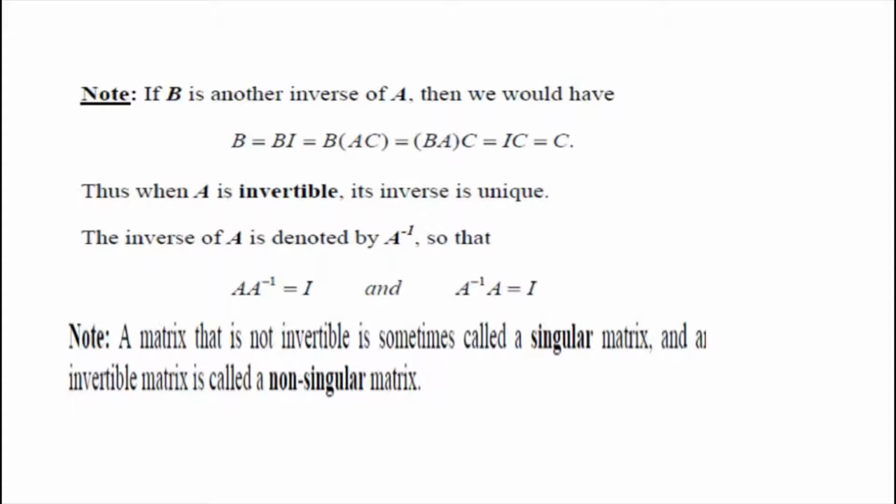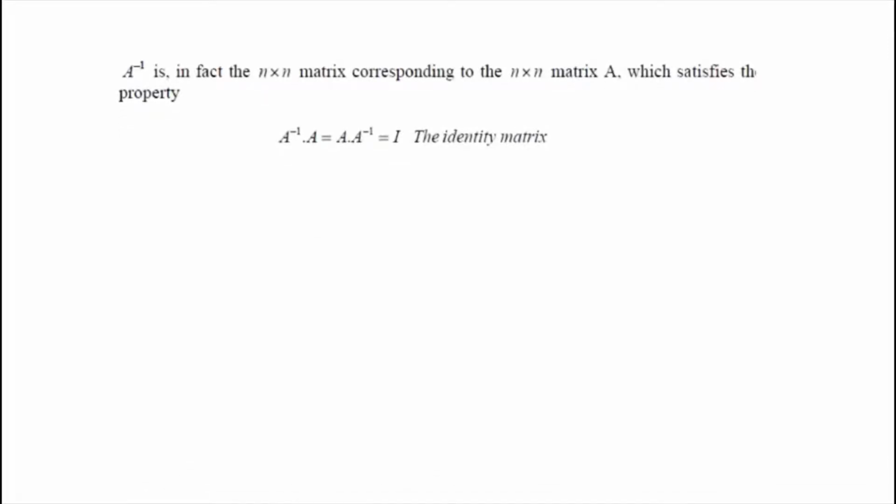A matrix which has no inverse is called a singular matrix, and a non-singular matrix is a matrix which is invertible, whose inverse exists. It is not necessary that a matrix always has its inverse. A inverse is in fact the n cross n matrix corresponding to the n cross n matrix A. It satisfies the discussed property that A inverse A is equal to A A inverse, and both are equal to identity.